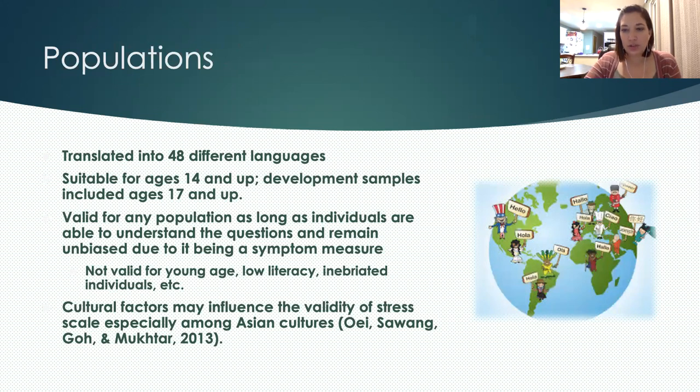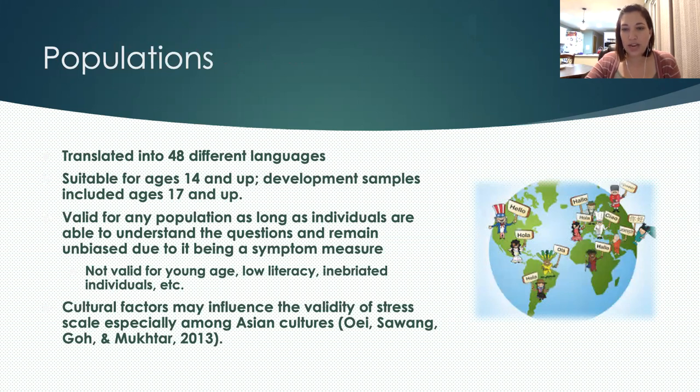The measure has been shown to be valid for any population as long as the individual being assessed is able to understand the questions and has the ability to remain unbiased. It is not valid for individuals younger than 14, those who may have a low literacy ability, inebriated individuals, or anyone else that the clinician feels would not be able to adequately respond to the measure.